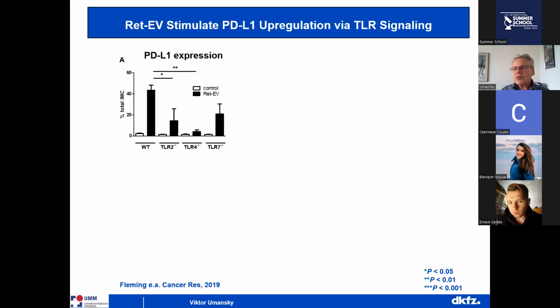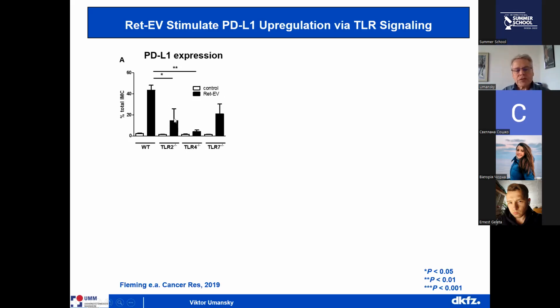Now, we wanted to know what is the mechanism of this PD-L1 upregulation. Is it working through toll-like receptor? And the answer is yes. We used toll-like receptor knockout mice, isolated myeloid cells from these mice, and treated them with tumor-derived exosomes. We found no practical upregulation of PD-L1.